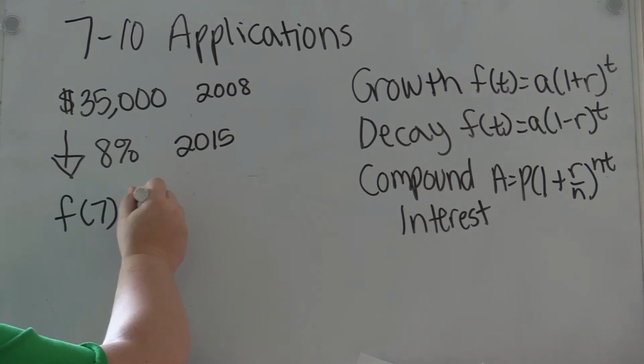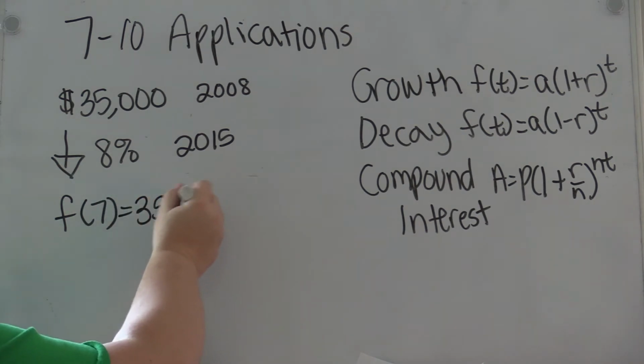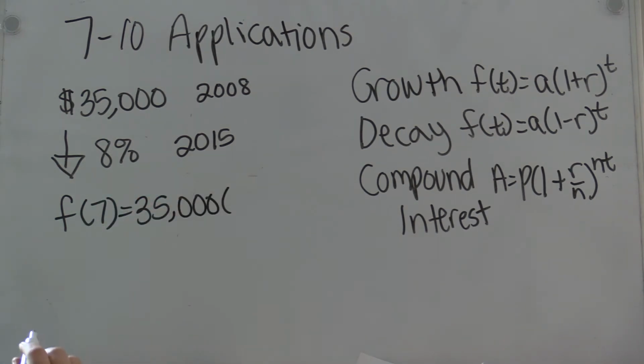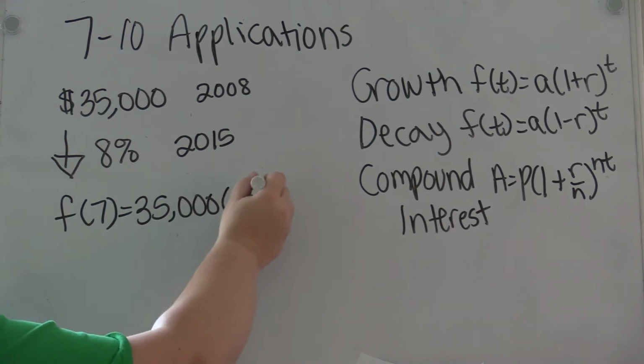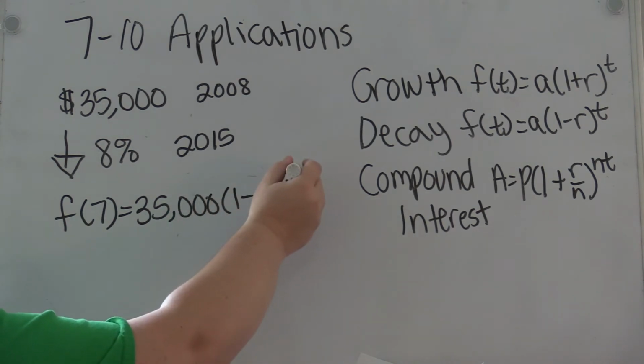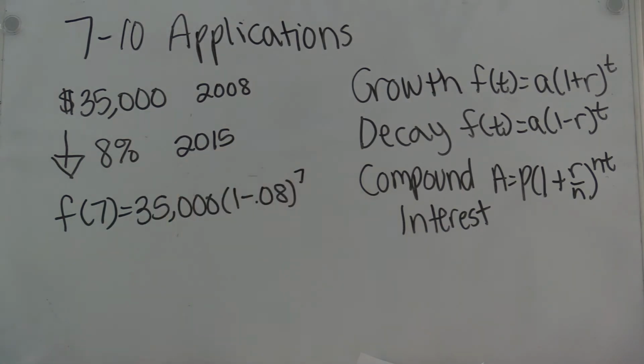So we start with how much we started with, which is 35,000, times 1 minus 0.08 to the 7th power.